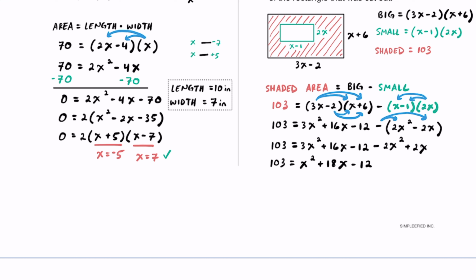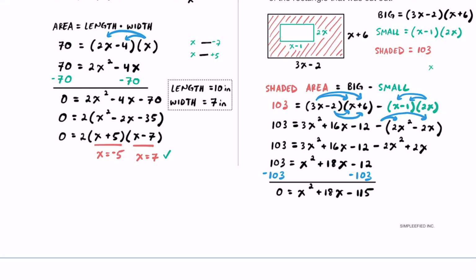All right, so it's almost in standard form. We can take away 103 from both sides. Let's set this whole thing equal to 0. And when we do that, we're going to get 0 is equal to this 1x squared plus 18x and then minus 115. Now, I don't think we can solve this one by square roots, and we should maybe try to see if we can factor. We have 1 for a, so that's kind of nice.